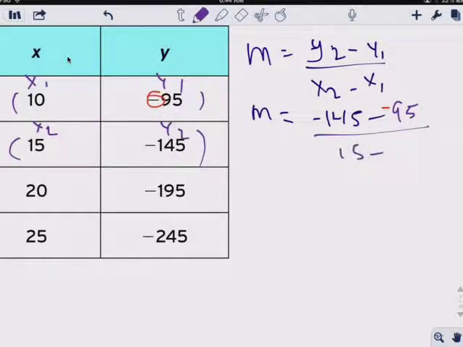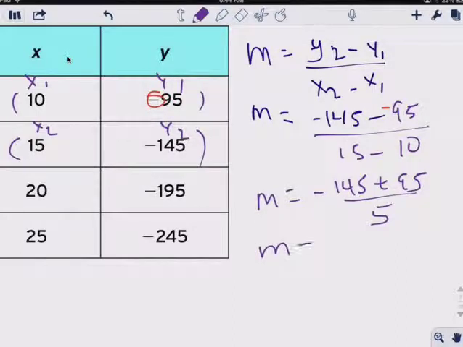15 minus 10. Okay, that gives you m equals negative 145 plus 95 over 5. m equals 50, negative because the negative is bigger, over 5, so your slope is negative 10.